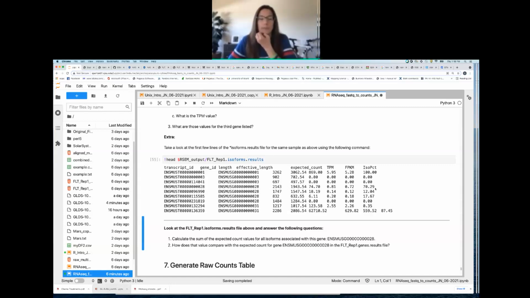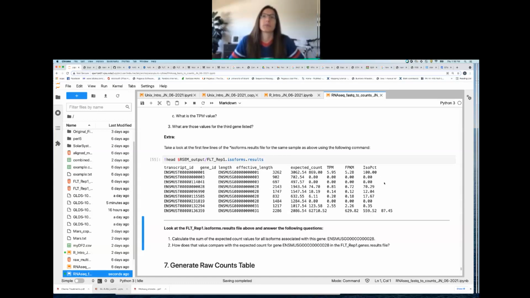So what percentage of that isoform is going to be expressed? For genes that express multiple isoforms, of course, it's going to be some fraction of 100, which should total 100. And if there is no isoforms for that gene, that iso percent should be 100, right? So for this first transcript here, it's the only transcript that's derived from this gene. And so the percentage of this isoform, it's the only one that exists, so it's 100%.